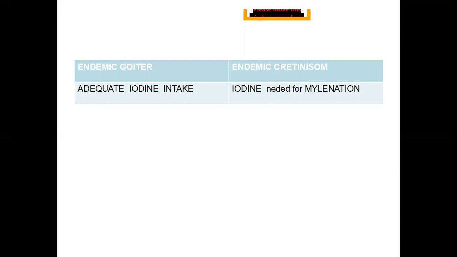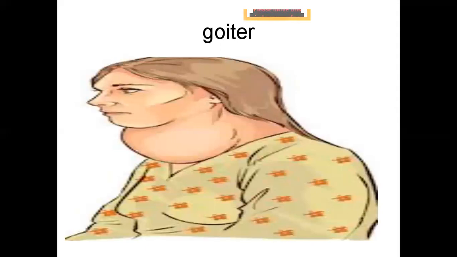If iodine is deficient, the fetus will be affected by dysregulated myelin of CNS neurons. Invariably, the kid develops mental retardation and a hypothyroid state since birth. It is endemic cretinism.